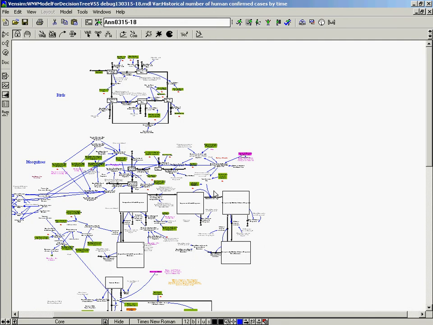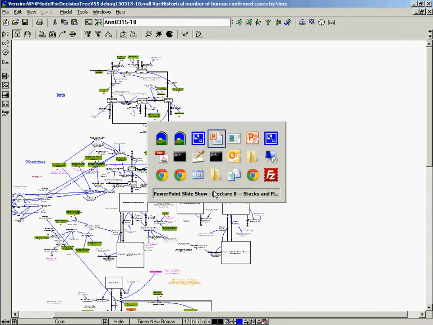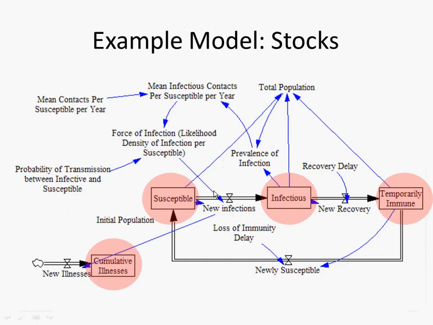It's just a matter of how we phrase it. We could say it's divided by 2, or it's multiplied by 0.5. What does that 2 represent? If we say it's divided by this time constant, why do we call it a time constant? That represents the mean time in that stock, the average amount of time it spends in that stock. Okay, so that's why we say something like recovery delay.